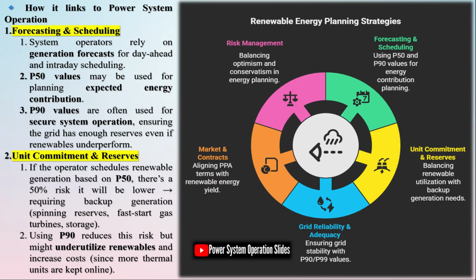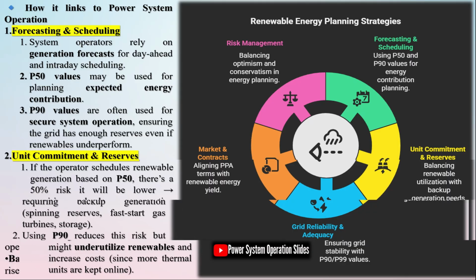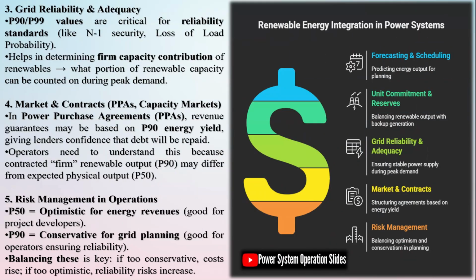This requires maintaining higher reserves or calling on fast response units like gas turbines or battery storage to prevent shortages. On the other hand, if scheduling is based on P90 forecasts, the operator ensures higher reliability but at the expense of increased costs, since more conventional capacity must remain committed even if renewable generation eventually exceeds conservative estimates.